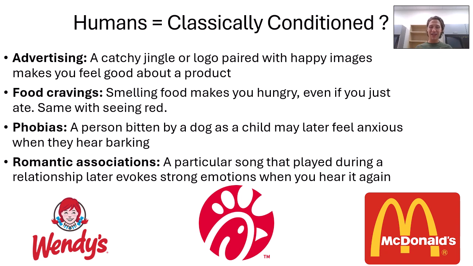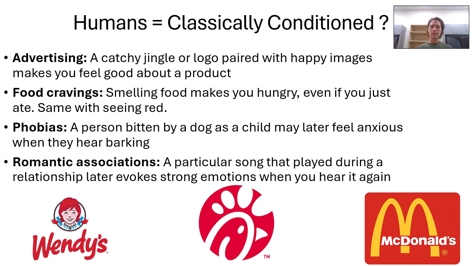And that's the idea behind why so many restaurants involve this red coloration, right? You start associating the color red with really good food. And so when you drive by a restaurant with these red signs, you might want to stop and grab a bite to eat. But there are also some more negative versions of this, right? A phobia can develop through classical conditioning. So if you're bitten by a dog or a cat as a child, then maybe when you hear barking or meowing as an adult, you might feel anxious.